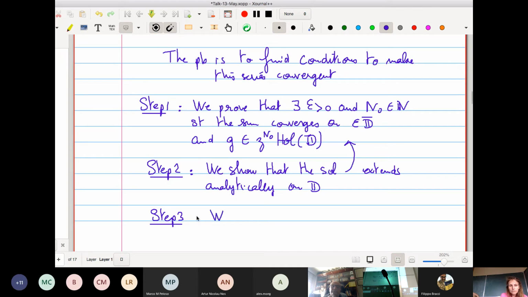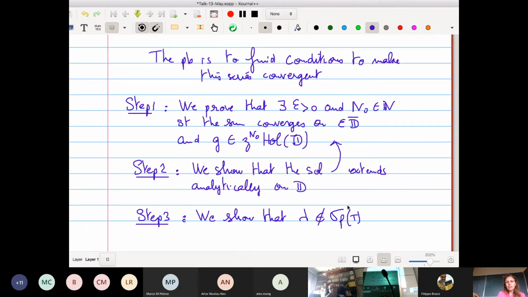And the step 3, we show that provided lambda is not in the point spectrum, and the point spectrum we have it: it's precisely all the points of the form phi'(0) to the n.